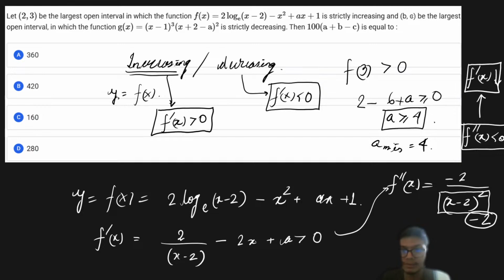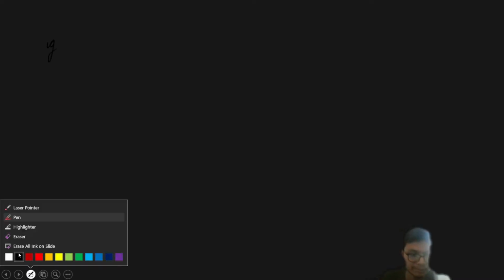Now, it is said that b comma c is the largest open interval in which g of x is strictly decreasing. So g of x is defined as x minus 1 whole cube into x plus 2 minus a, whole square.